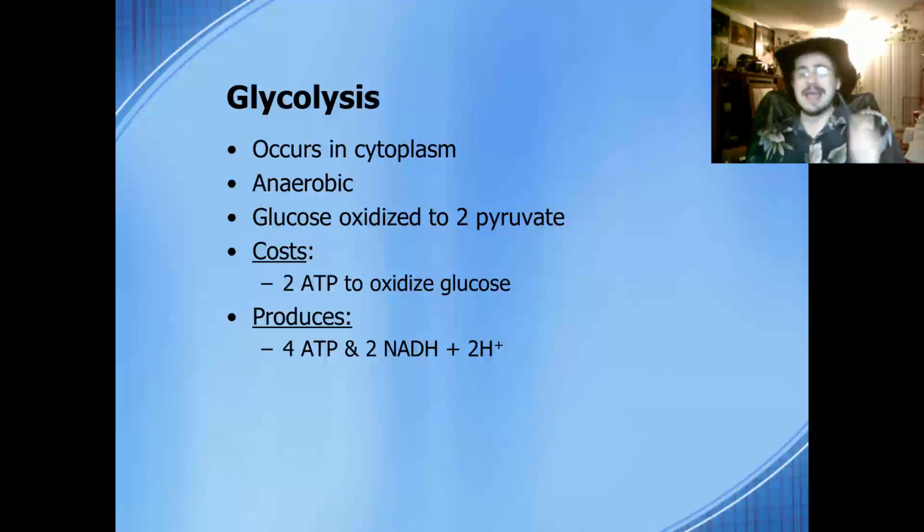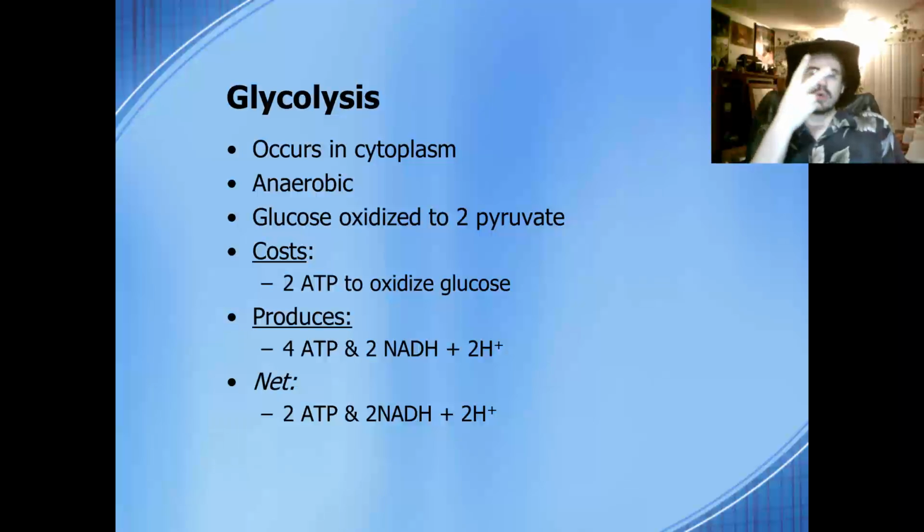So what are the net results? Well, the word net is implying that we take our full production and subtract the costs. So, our net production of energy in glycolysis is 2 ATP, 4 minus 2. So, our net energy production is 2 ATP and 2 NADH and 2 H ions.